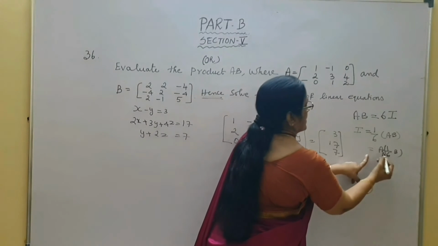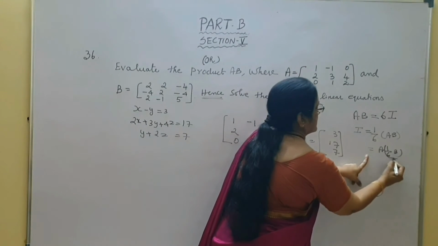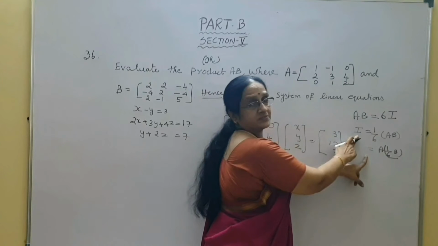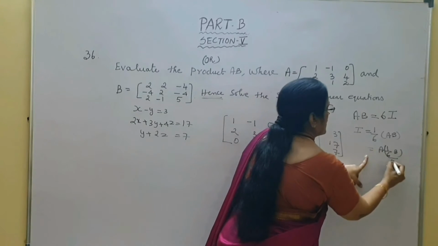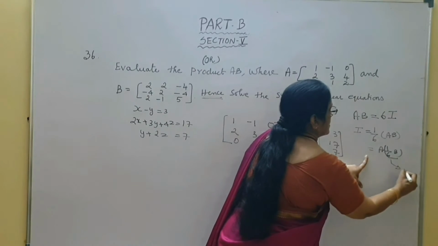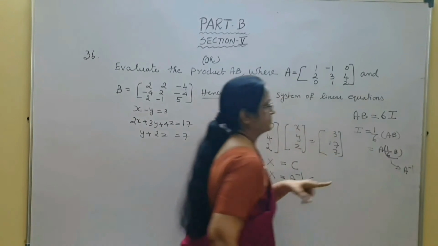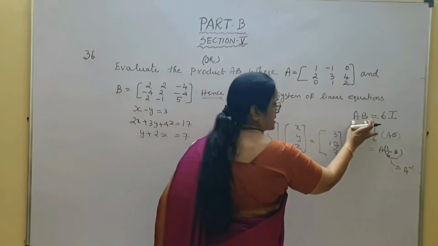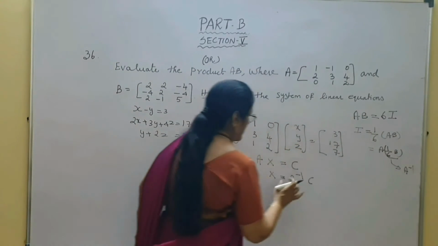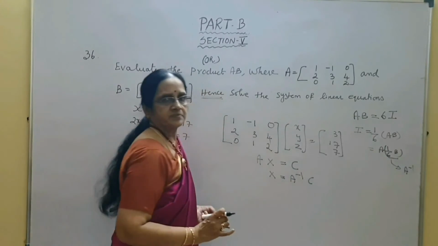See here, A into A inverse should give you I. So from here you can decide 1 by 6 of B is your A inverse. That means you are using this product and writing A inverse over here.